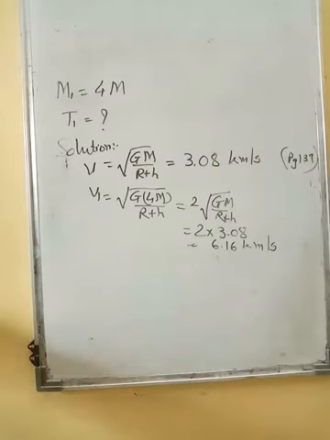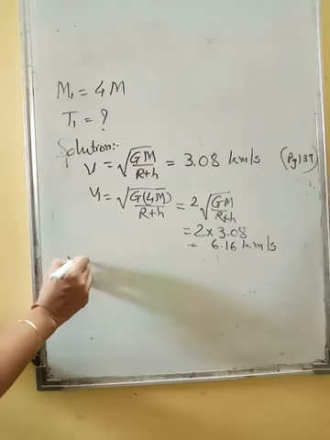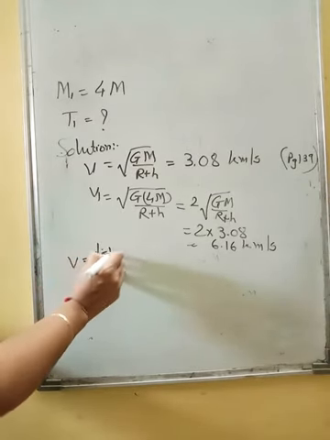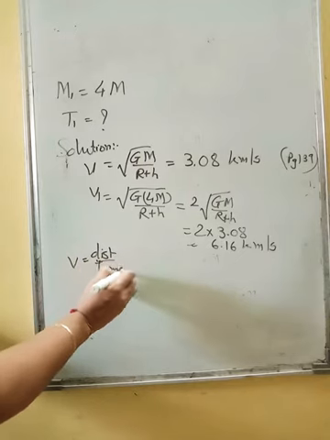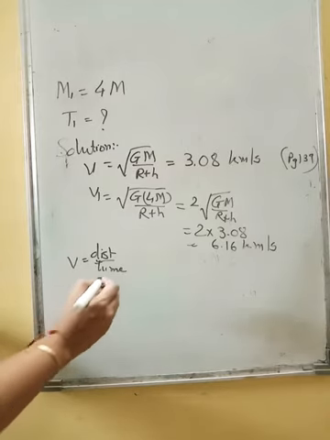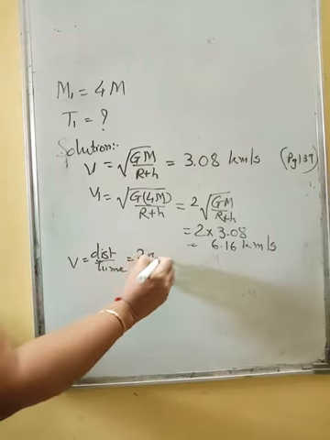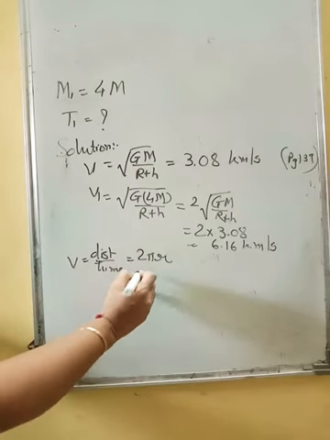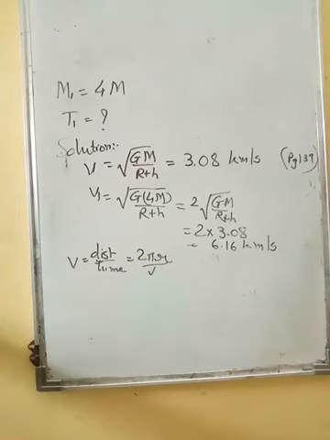so what you have, children, velocity is nothing but distance upon time, right? So what you normally have, how much distance is covered? 2 pi r with the velocity v.